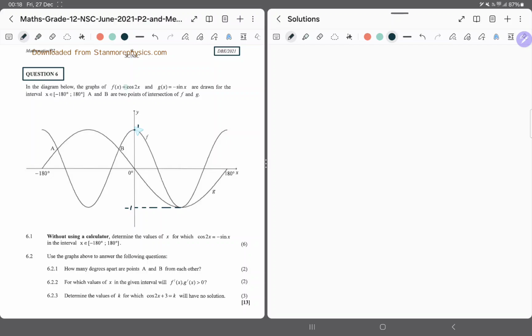Great. And we can see the graph of f is doing that. So this is the maximum over there. And we can carry on with this line.